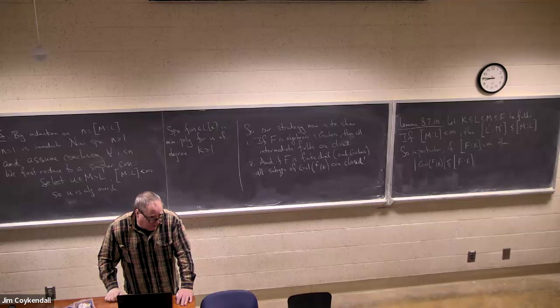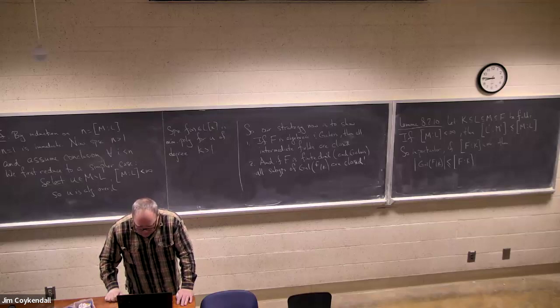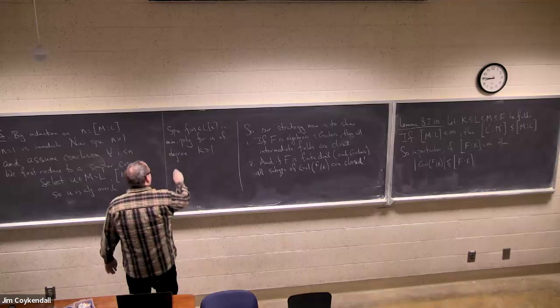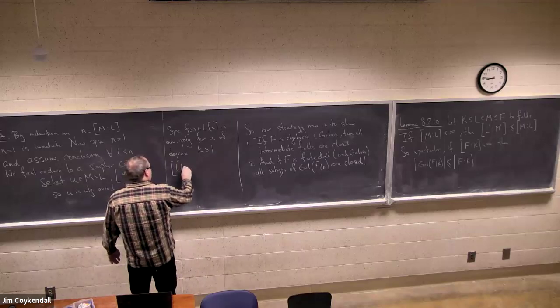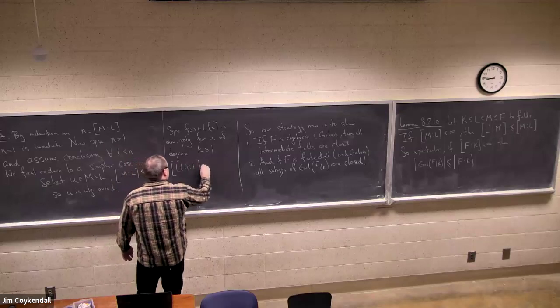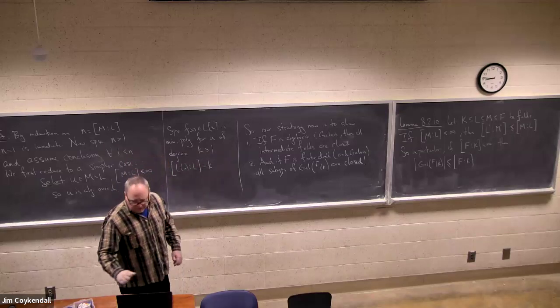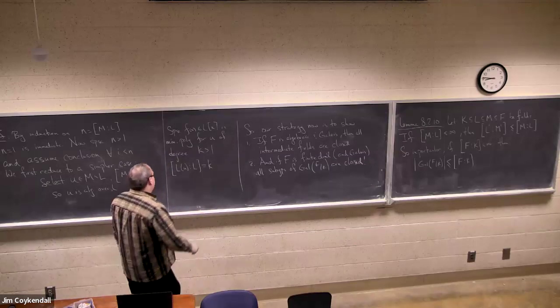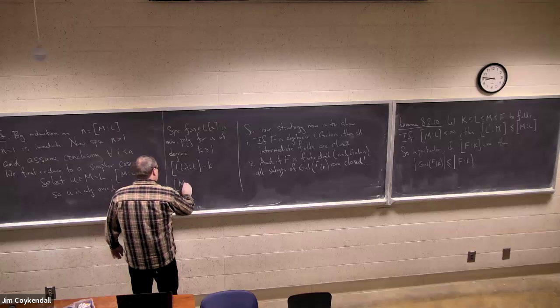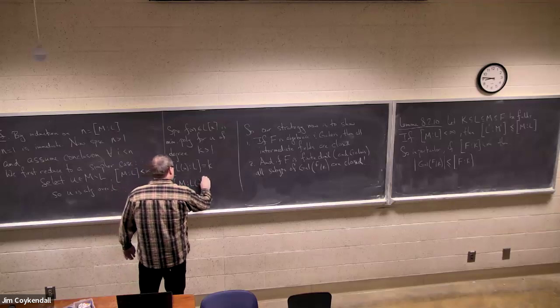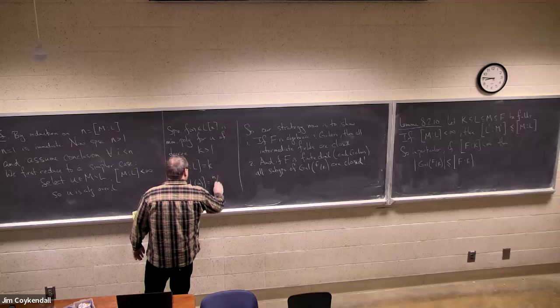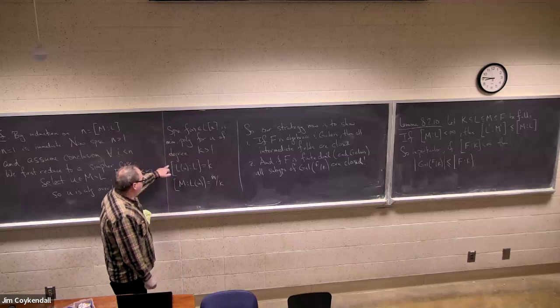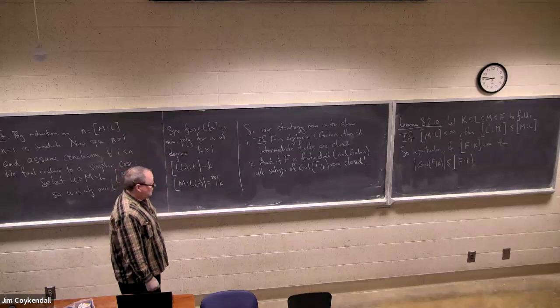It has to be bigger than 1 because I'm assuming that u is not in the field L. So if you look at the degree of L(u) over L, this is precisely equal to k, and the degree of M over L(u) has to be n over k, right, because when you multiply this by this, you have to get n.